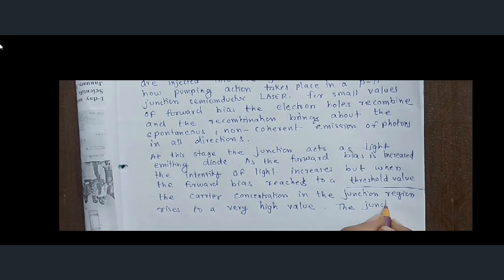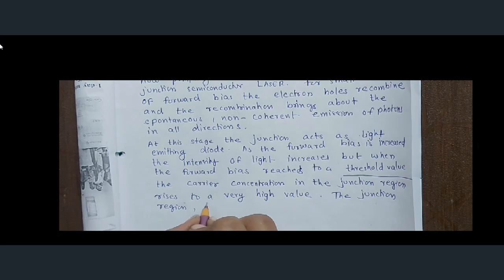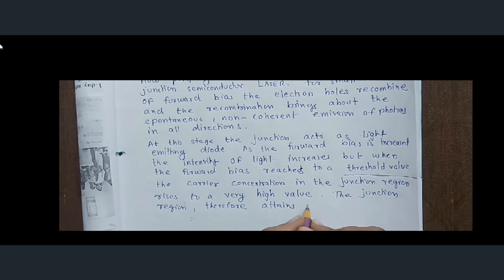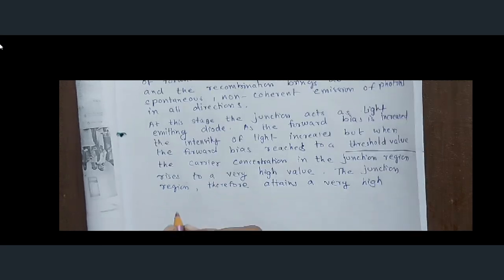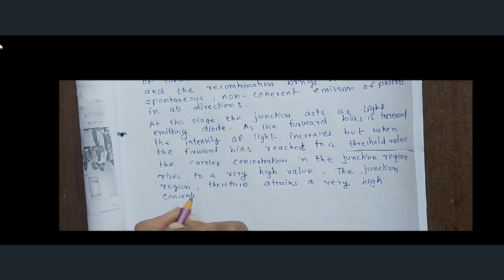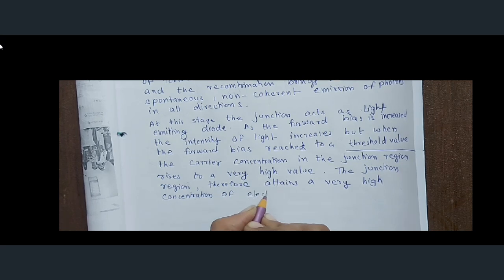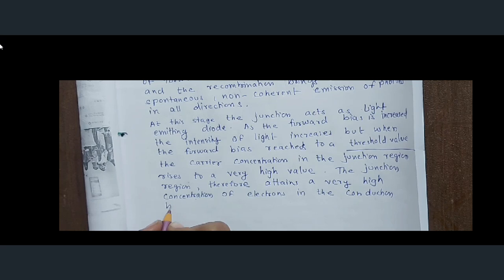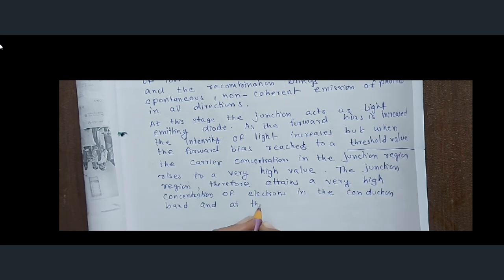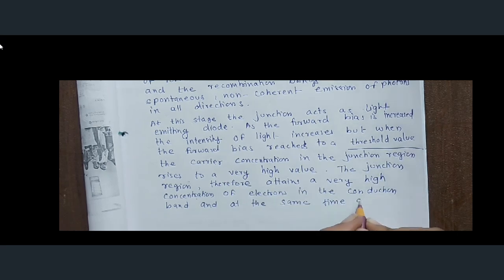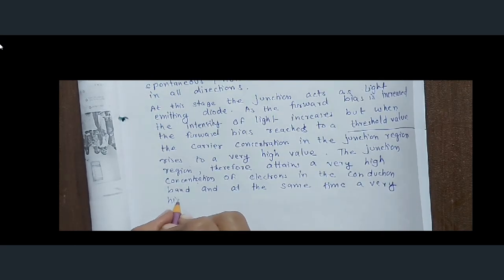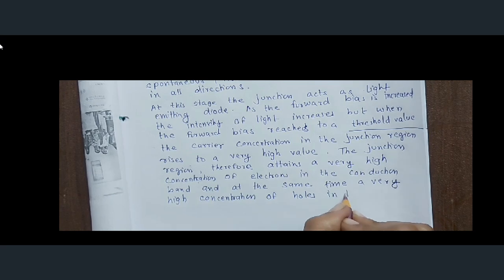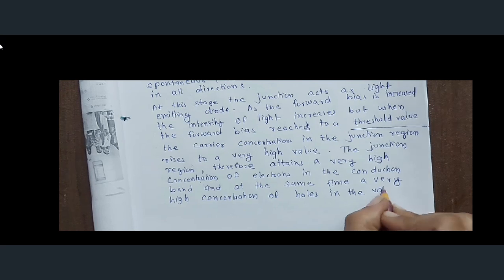The junction region therefore attains a very high concentration of electrons in the conduction band, and at the same time a very high concentration of holes in the valence band.